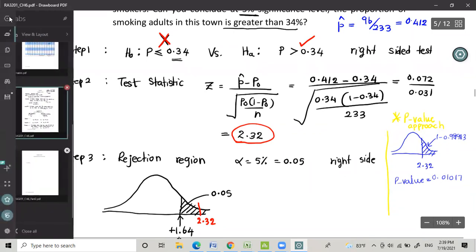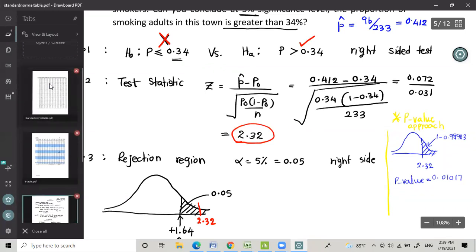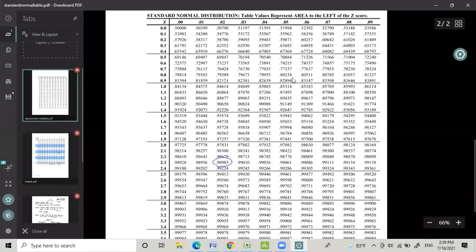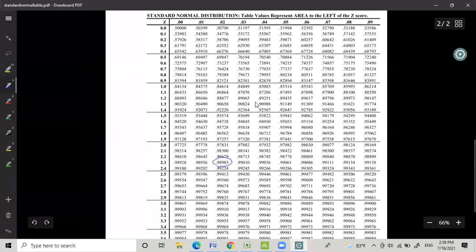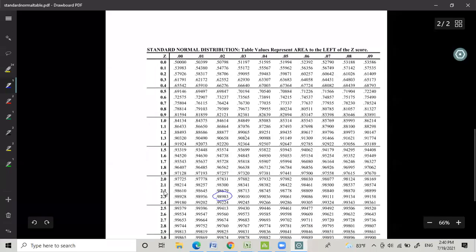Okay, so I'll show you the Z table. Here's the Z table. 2.32: here's 2.3, and the second decimal place 2. Right? So 2.32 is 0.98983. And remember, when you read the Z table, it's always giving you the left tail probability.